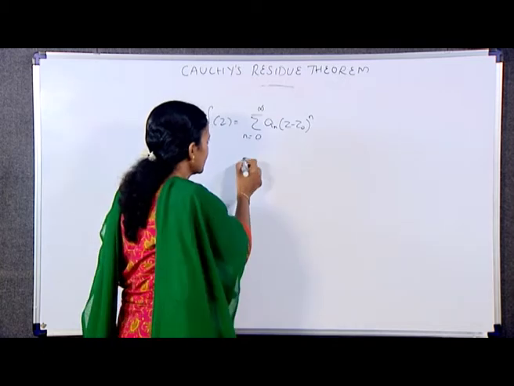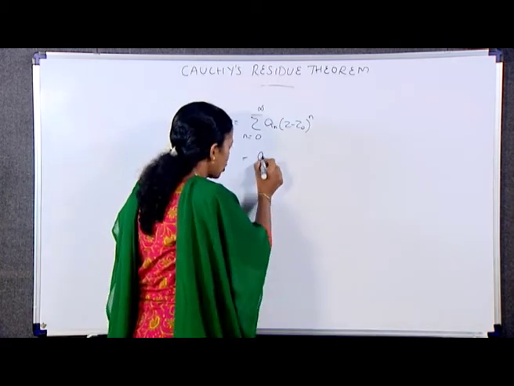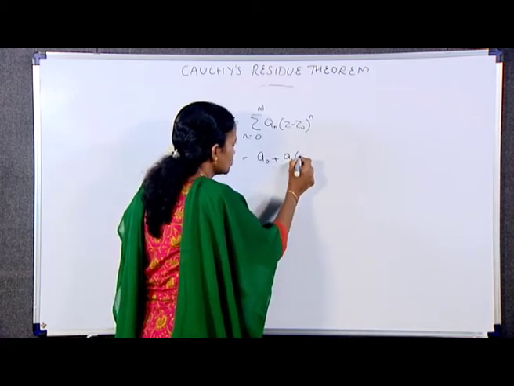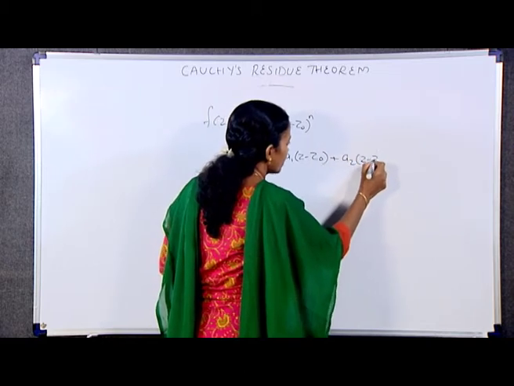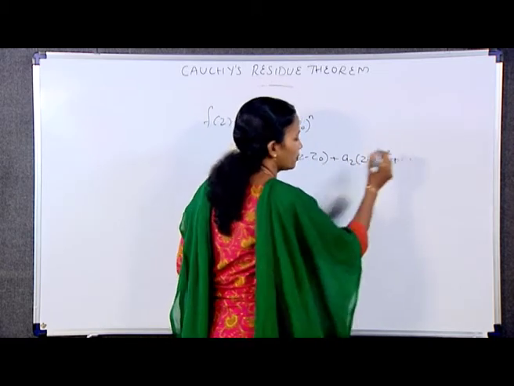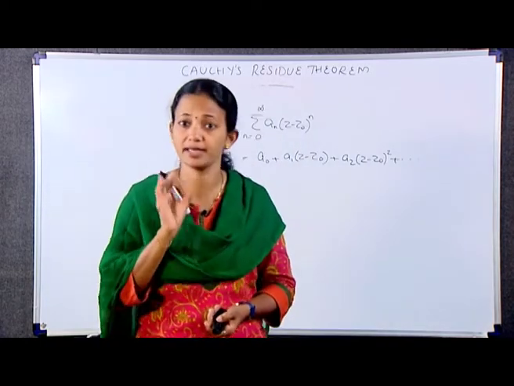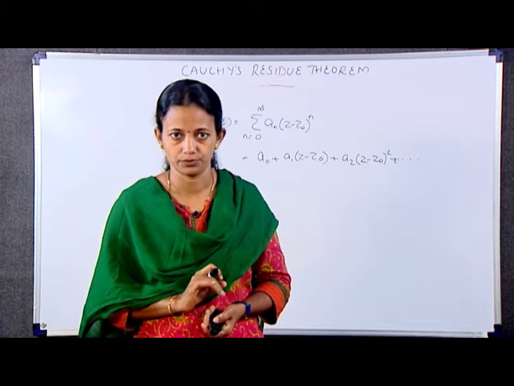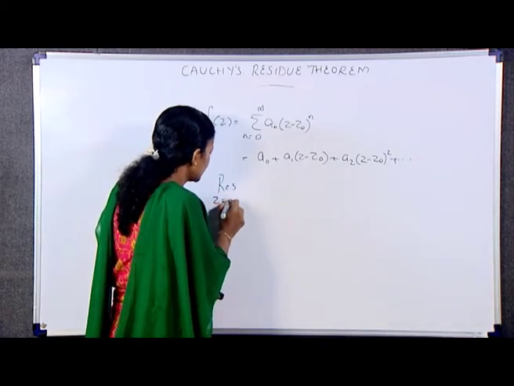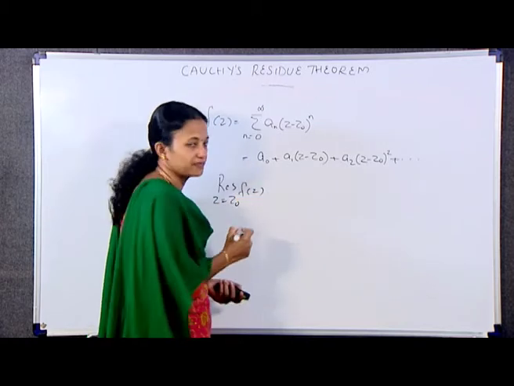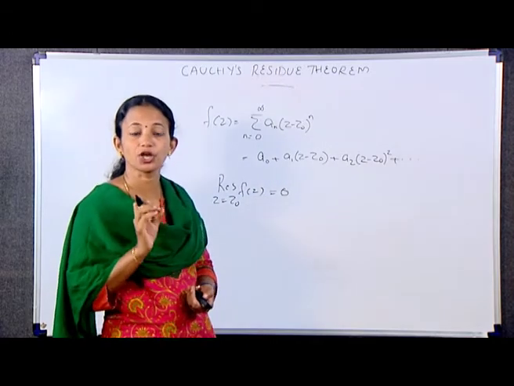Putting n is equal to 0, 1, 2, 3 etc., it becomes a0 plus a1 into (z minus Z0) plus a2 into (z minus Z0) whole square plus etc., where 0 less than mod z minus Z0 less than R2. Hence, residue at z is equal to Z0, f(z) is equal to 0. That is the coefficient of 1 by z.